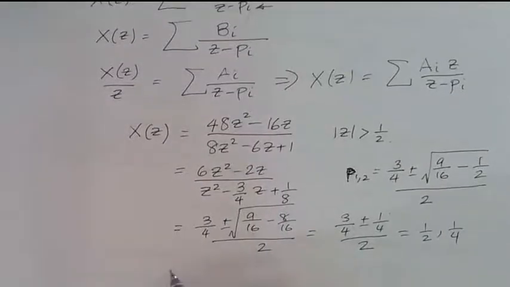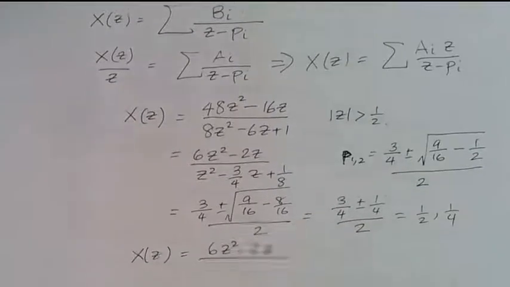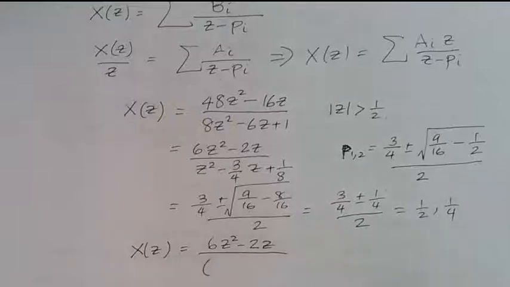Okay, so now I have X(z) equal to 6z squared minus 2z divided by z minus 1/2, z minus 1/4.